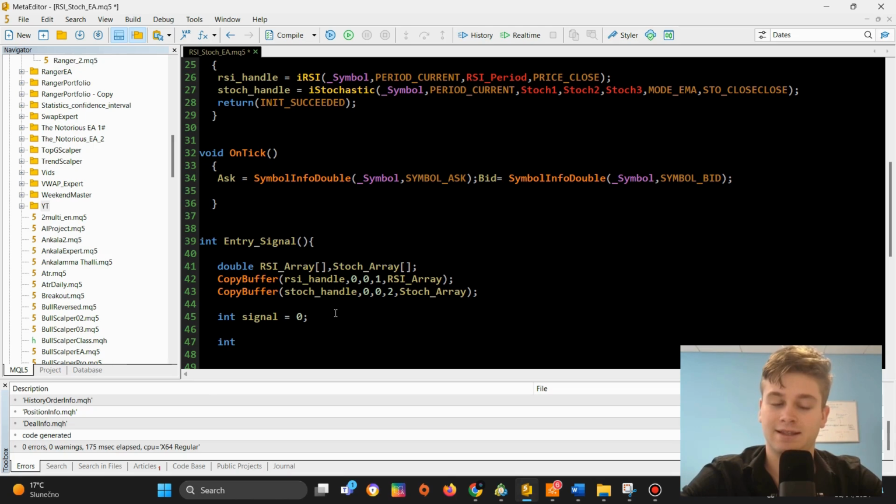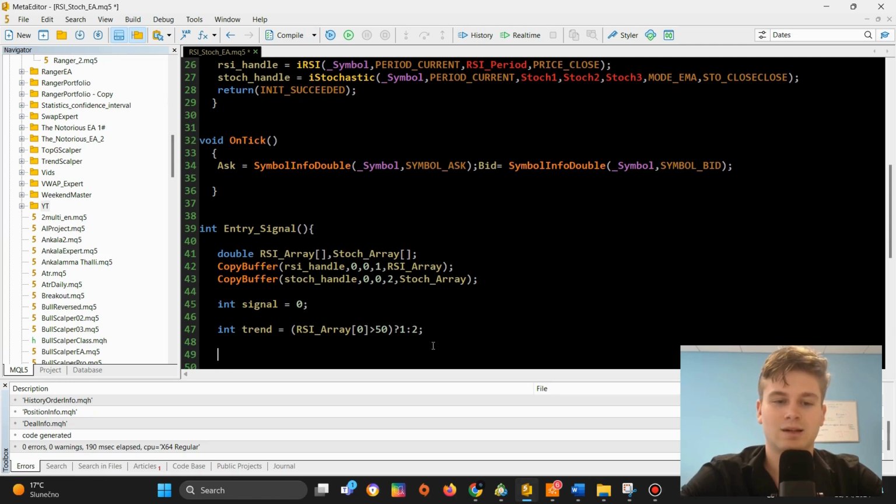So let's create an integer variable called trend, and let's check. If the RSI value is higher than 50, then there's an uptrend, which will be represented by value 1. And if this is not the case, then there's a downtrend, and that will be value 2. So this is for uptrend, this is for downtrend.